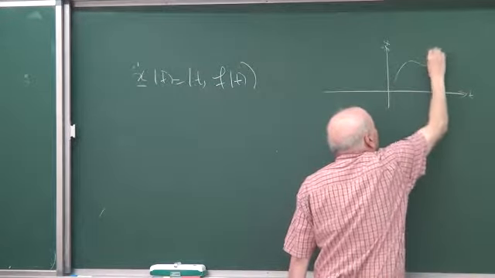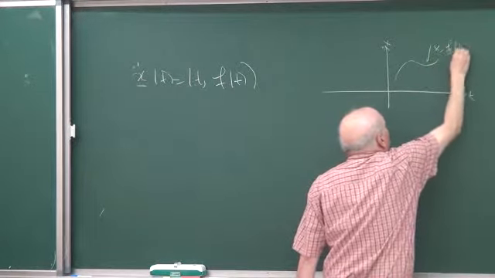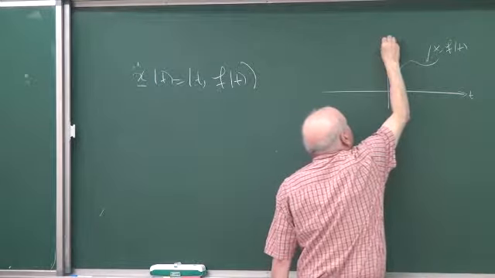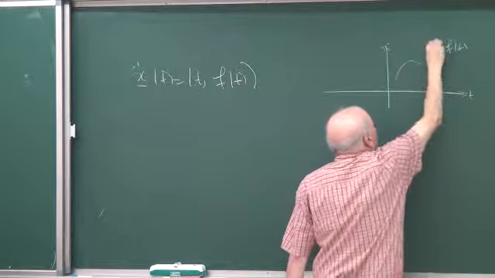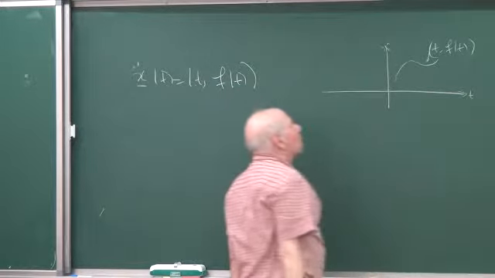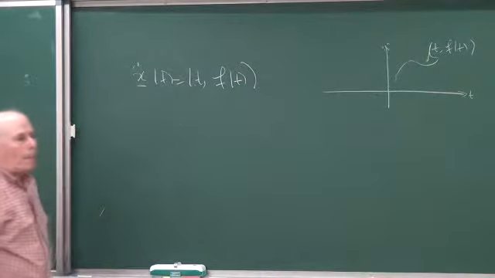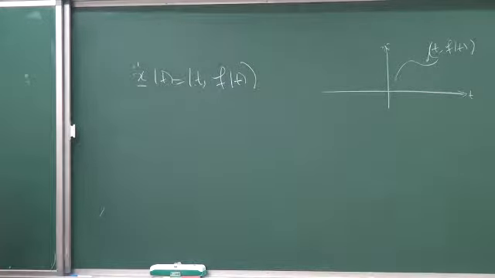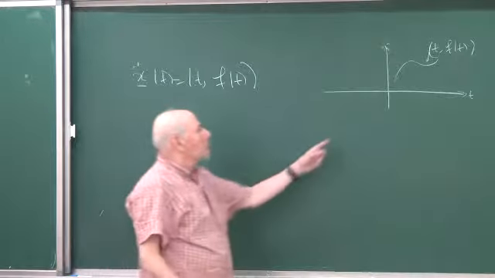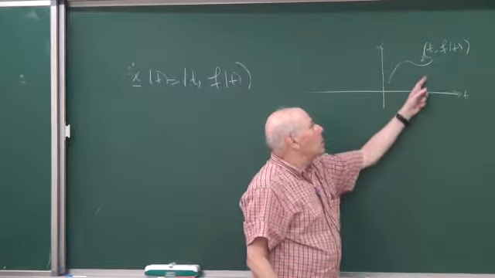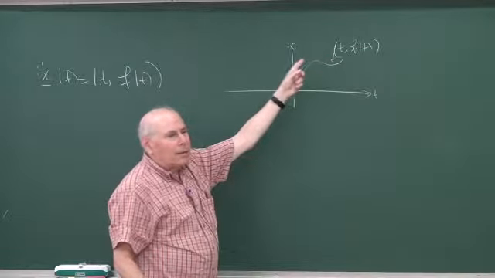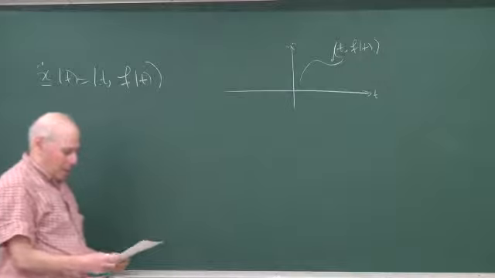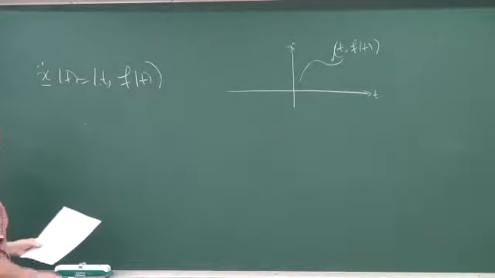This is the graph of x equals f of t. So as t goes along, I compute f of t and I draw the line. Let's just start the exercise. It's very boring, but anyways.